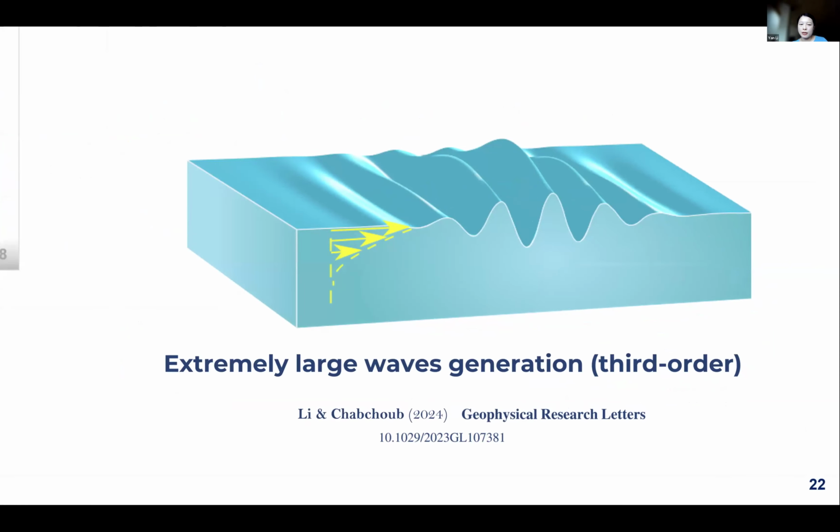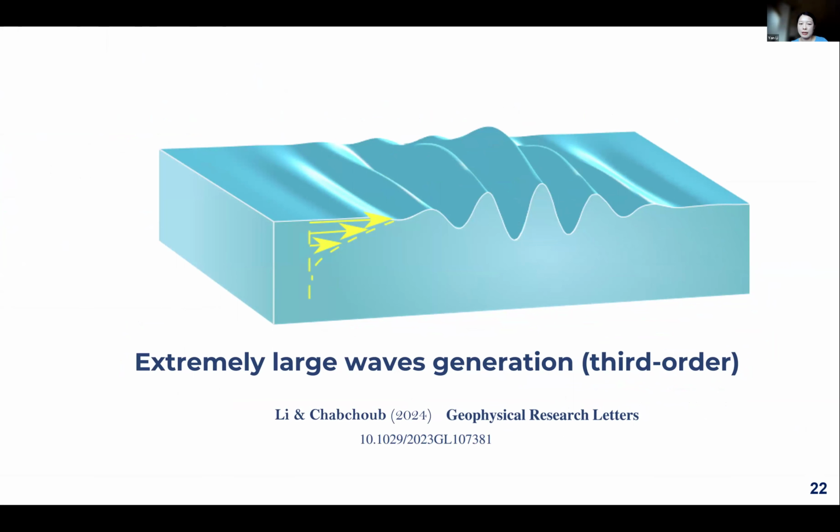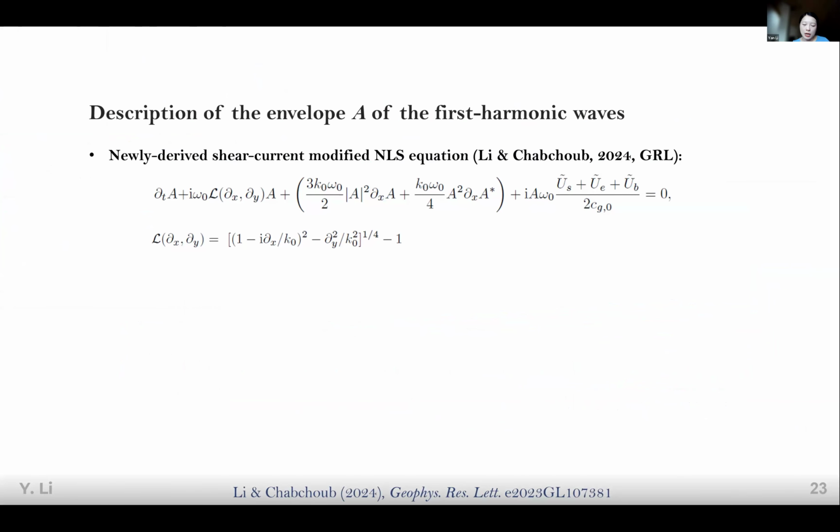Now we're going to take a look at the third order. We consider waves up to the third order because this allows us to understand the energy transfers between different waves. We describe a shear current modified nonlinear Schrödinger equation, which is shown on this slide. There are a few terms which are the same as the case in the absence of shear current.